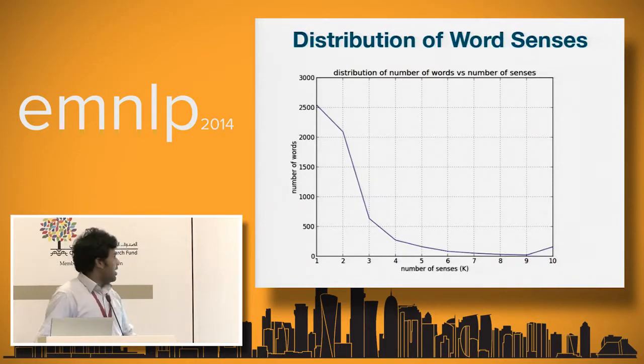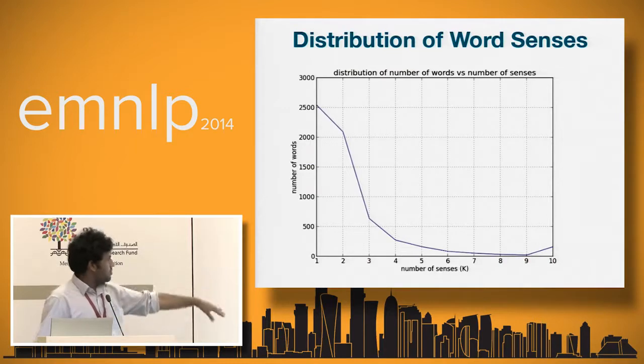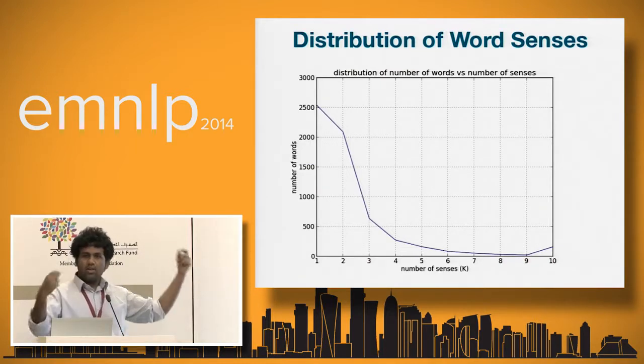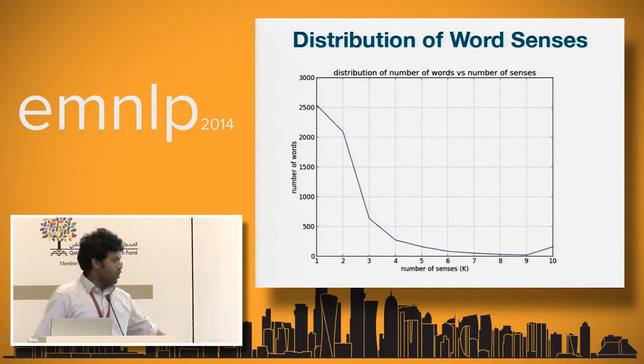If we get a reasonable number of senses for a word, where a lot of words don't have 10 senses or 9 senses, we stop and then we run it on the big data. But I think it would be very useful if you have a very good way to evaluate, so that we can pick this hyperparameter in a better way.